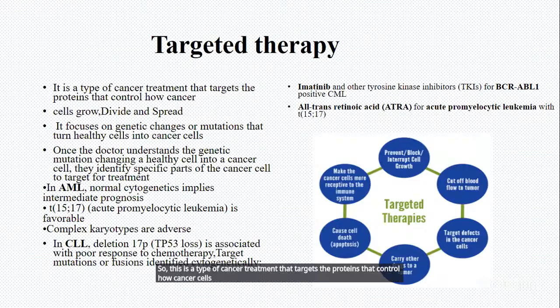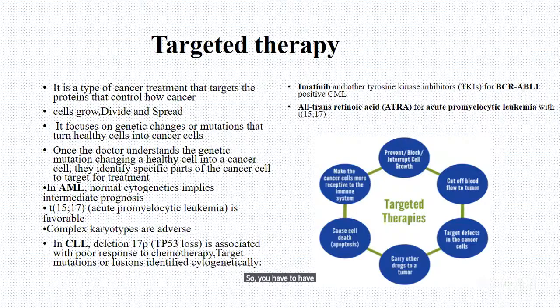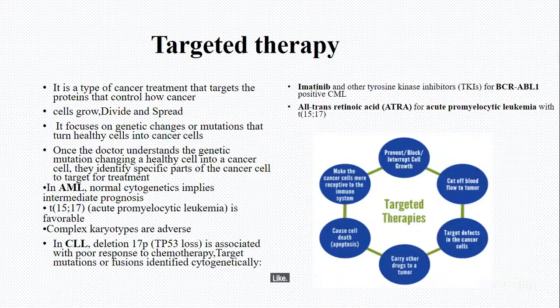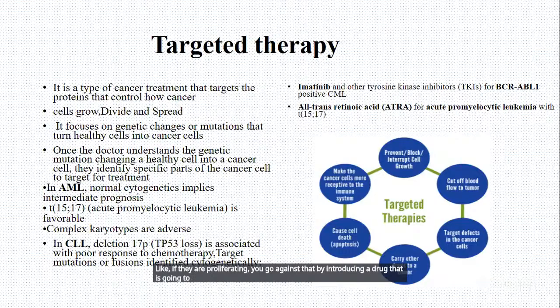You want to fight your enemy, so you have to have a technique of fighting them. Like if they are proliferating, you go against that by introducing a drug that is going to stop that proliferation.